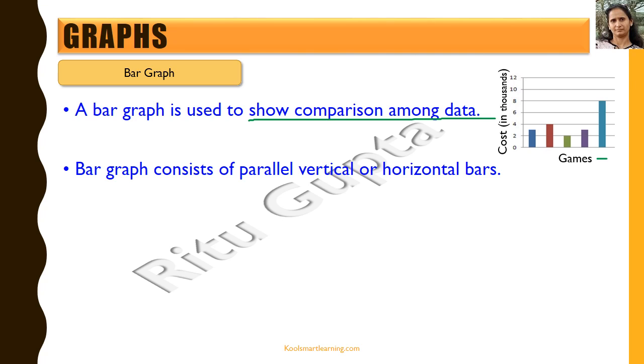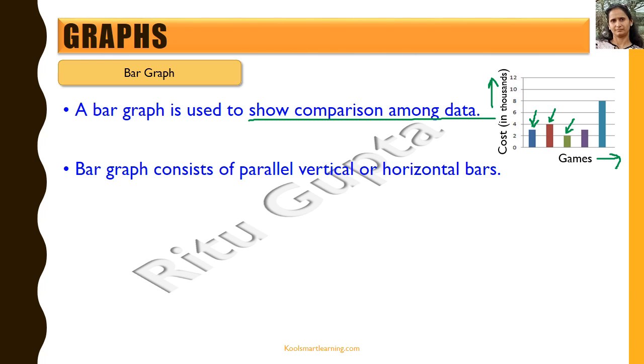So this is an example. Say on this side we have games, and on this side we have the cost. So we are doing a comparison. Now we can say that this dark blue color represents football, red represents cricket, green represents golf, and things like that. It could be any other.